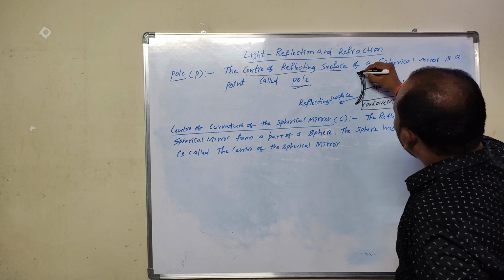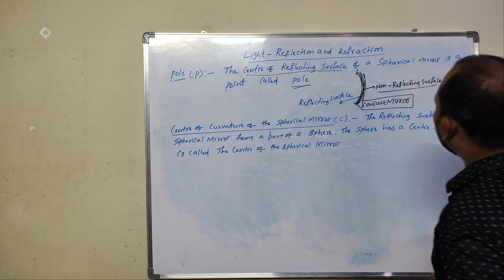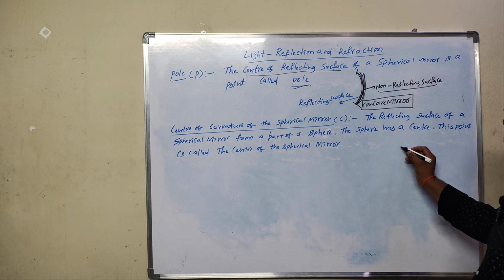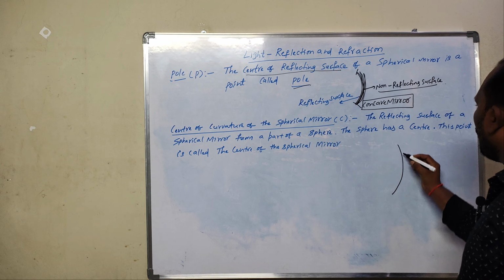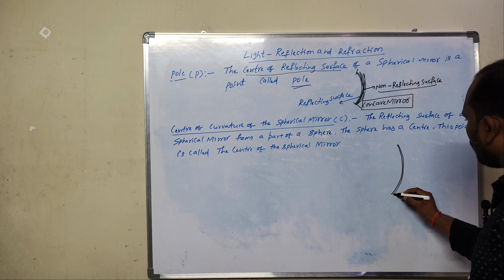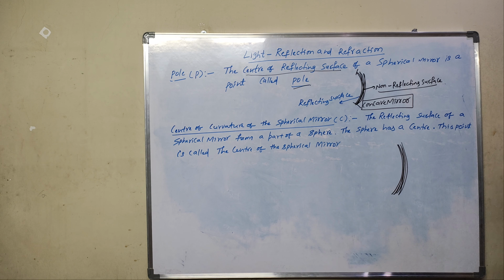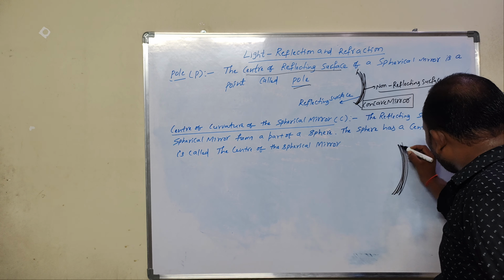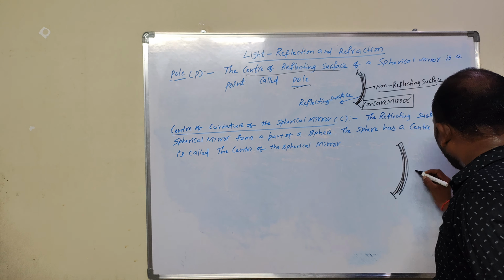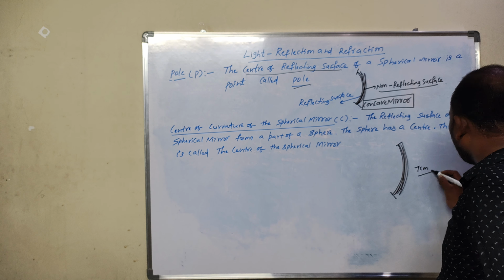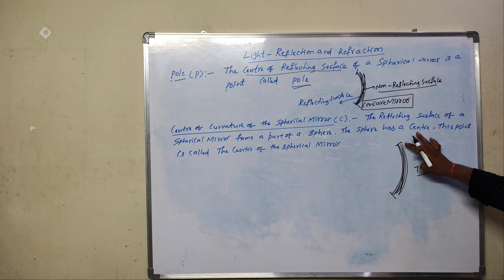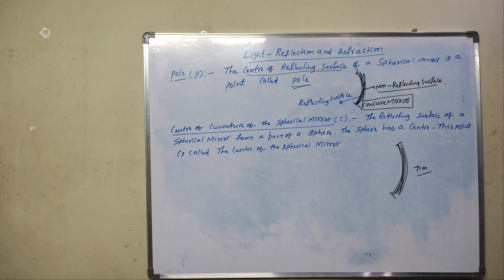Let us say from here to here. I have drawn it once again so it is better to understand. We are using it like this only. Don't use the rough surface diagram. Let us assume the distance from here to here is 7 centimeters.